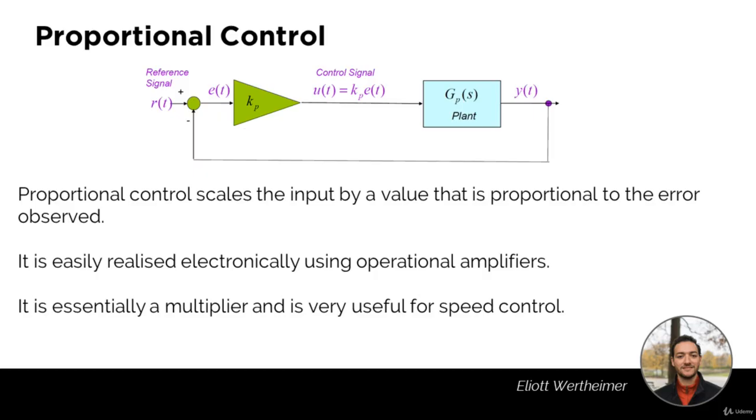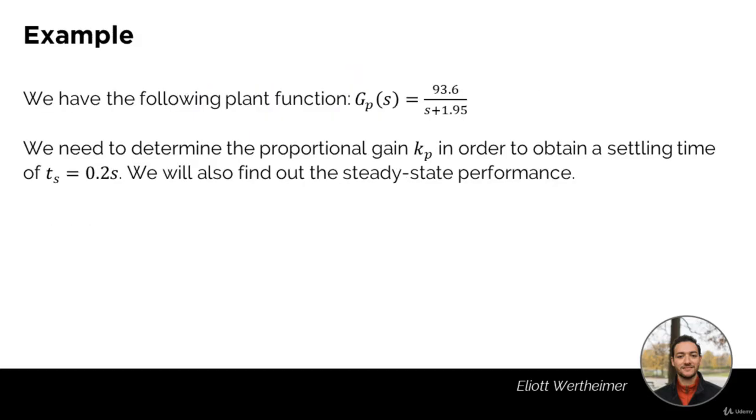It is easily realized electronically using operational amplifiers. It is essentially a multiplier and is very useful for speed control. Again, there is no better way to understand engineering concepts than to use them in examples. So here we're going to have an example of how we can use proportional control.